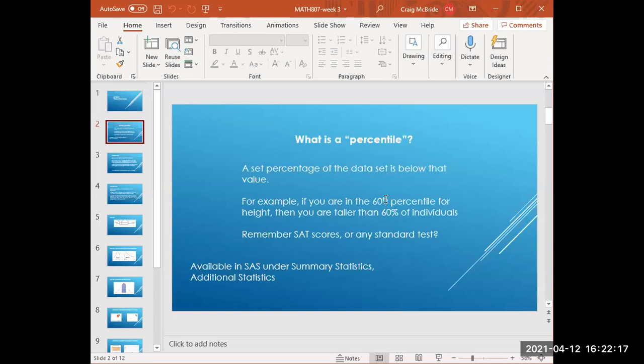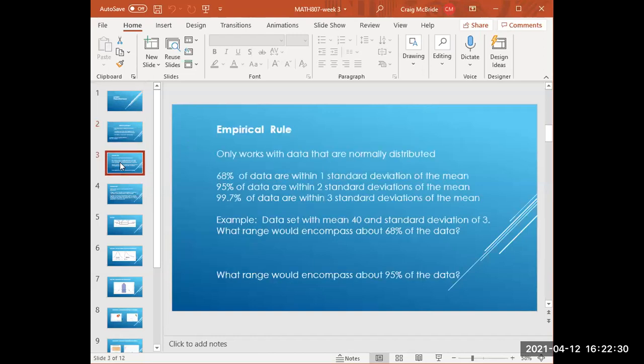It has 60% less than or equal to it, which some people would count. But the more common definition would be that 7 would have to be the 60th percentile. So it has to be strictly greater than 60%.